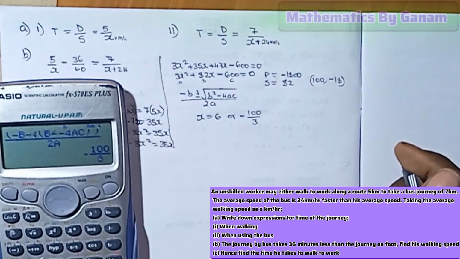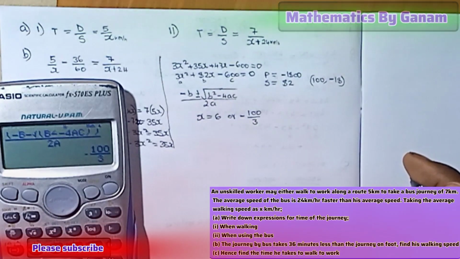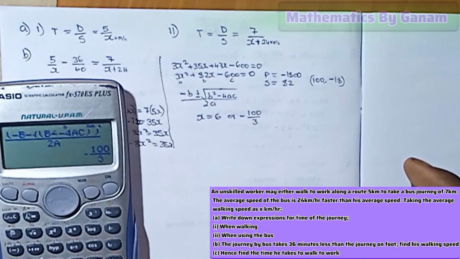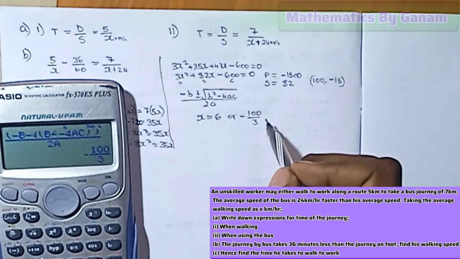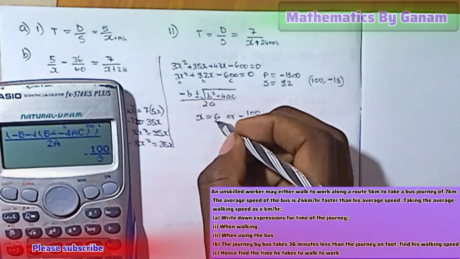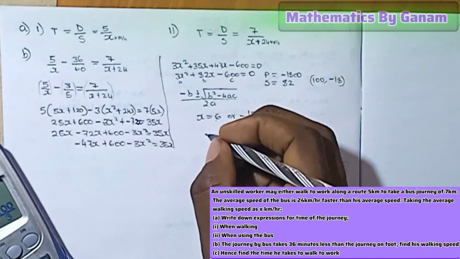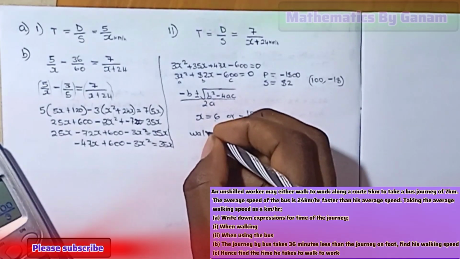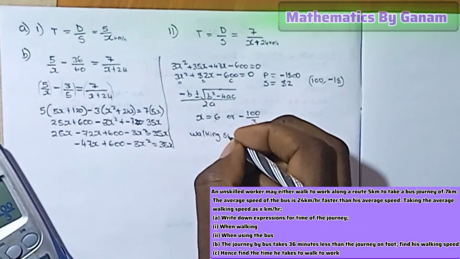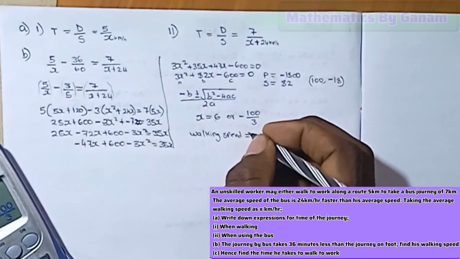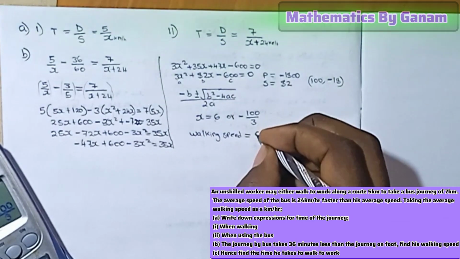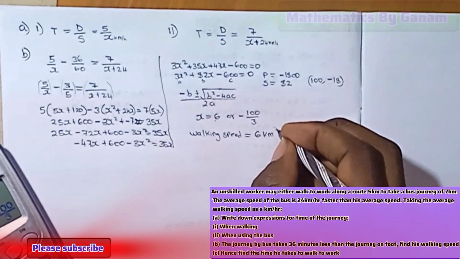So back to the question, the journey by bus takes 36 minutes less than the journey. Find the walking speed. So the walking speed is x, which is equal to 6 kilometers per hour.